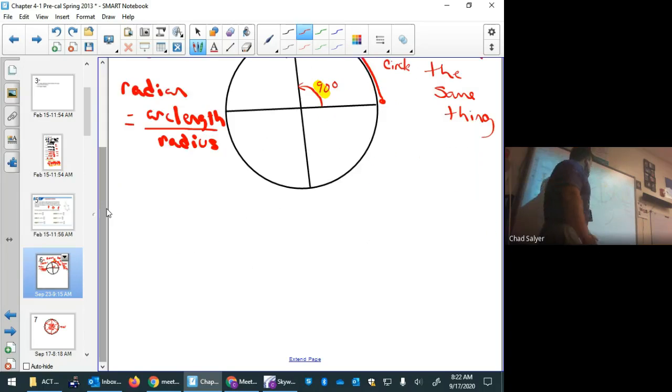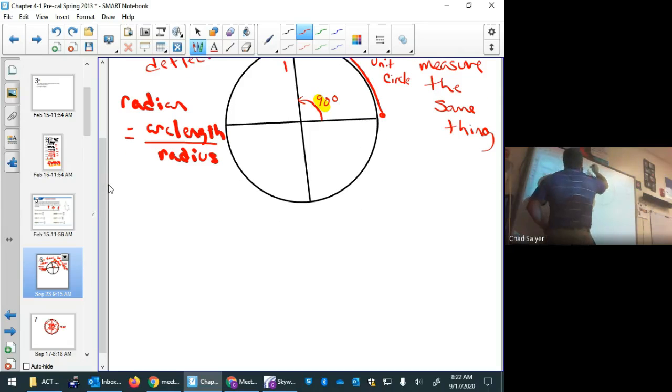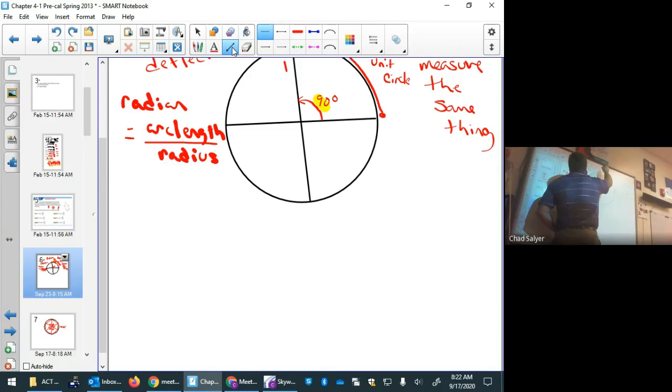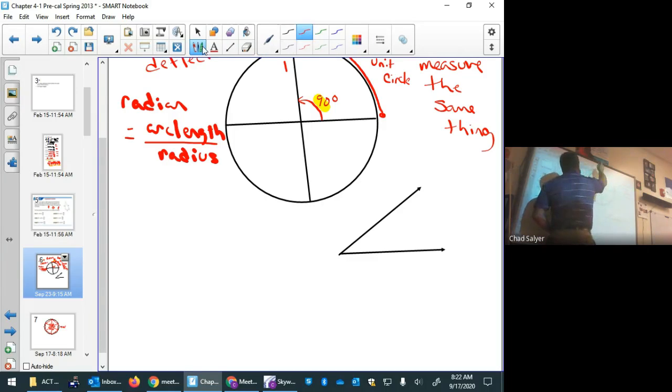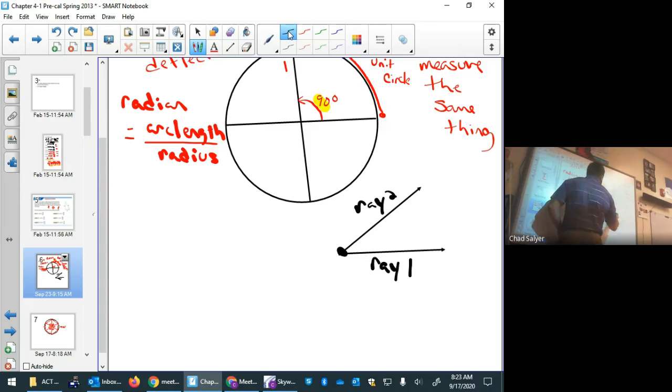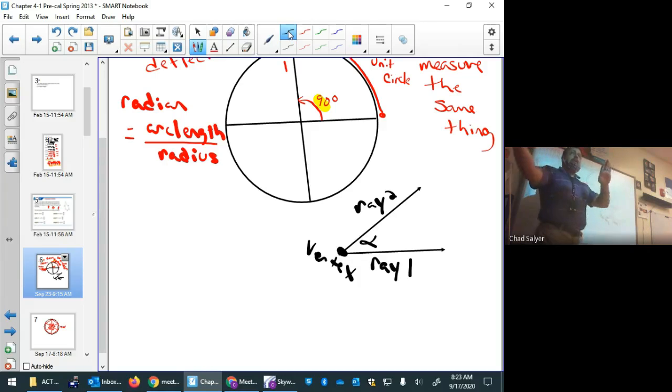Now, let me show you. To have an angle, you need 2 rays and a vertex. So the way I've set this one up, to describe this, I could use those arbitrary numbers of degrees, but you see how I'm bringing in something from the outside when I do that?